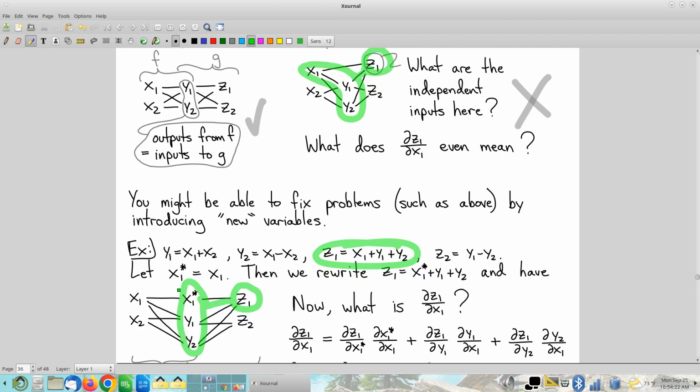It depends on x1 star, which is x1, right? But we're calling it x1 star. We're treating it as a different variable, however simple its formula is, right? And so I have to rewrite the formula for Z1 correspondingly, right? It's not x1 plus y1 plus y2. It's x1 star plus y1 plus y2, and now we're in business.